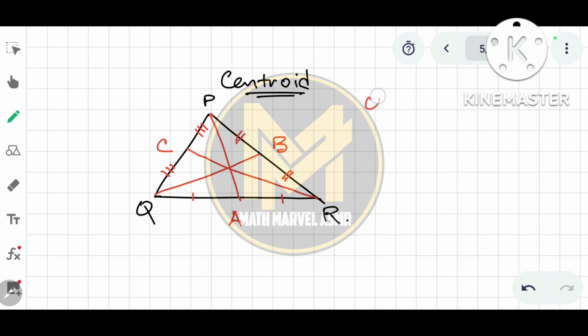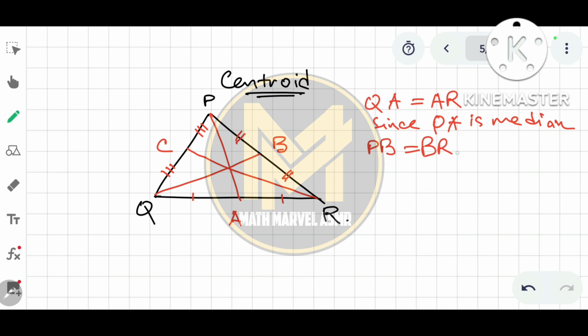Here QA equals AR, since PA is a median. Similarly, PB equals BR, since QB is a median, and PC equals CQ, since CR is a median.